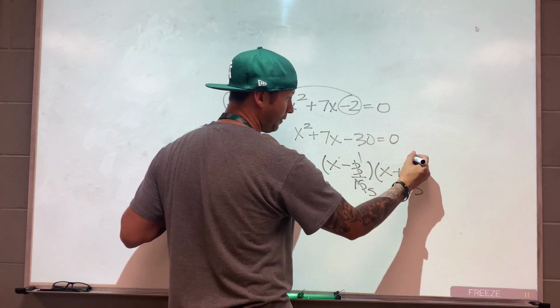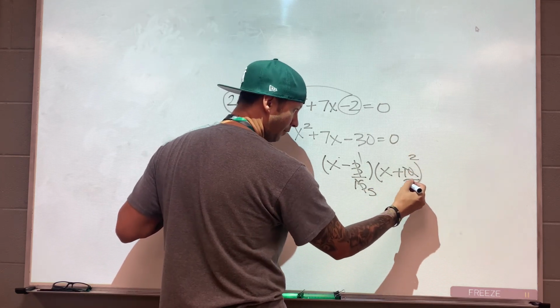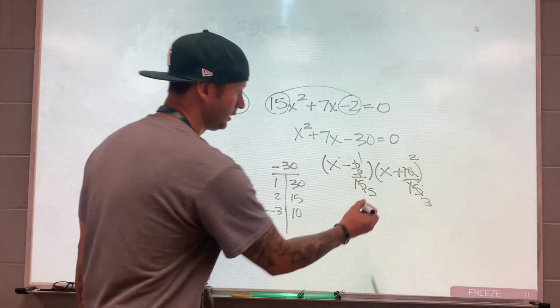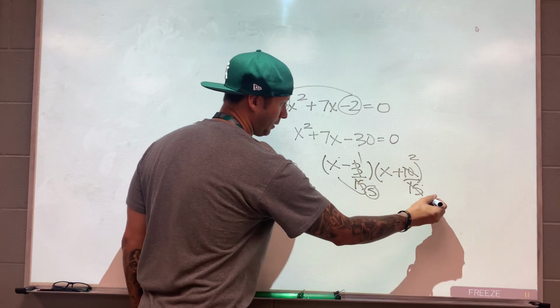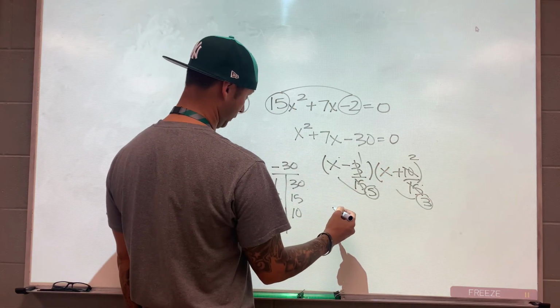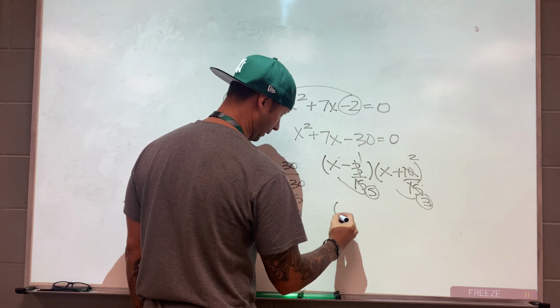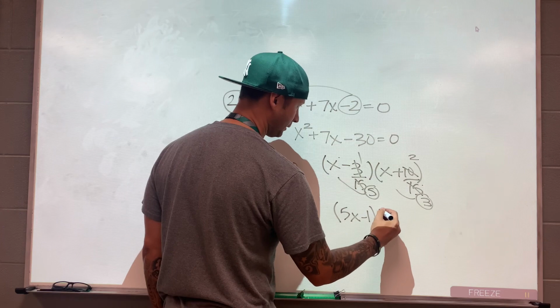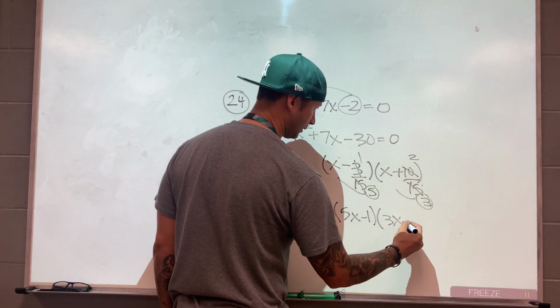Here I'll use 5, goes into 10 twice. 5 goes into 15 3 times. Again, it's not clean, so these numbers move up. Nothing was in front, so this is going to be 5x minus 1, 3x plus 2.